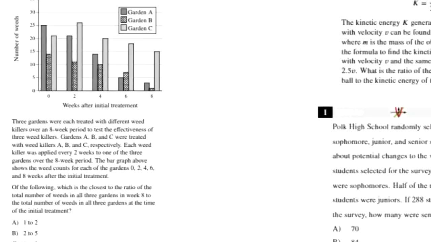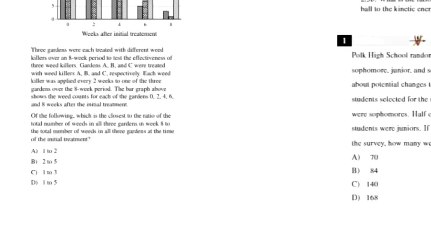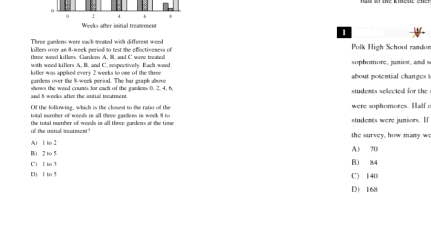So three gardens were each treated with different weed killers over an 8-week period to test the effectiveness of three weed killers. Gardens A, B, C were treated with weed killers A, B, C respectively. Each weed killer was applied every 2 weeks to one of the three gardens over the 8-week period.